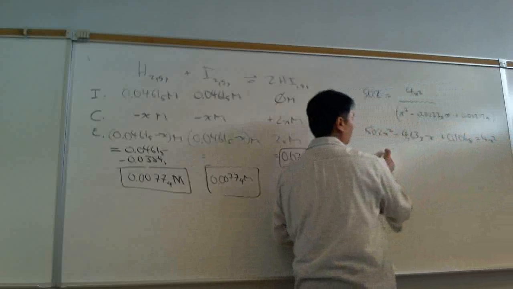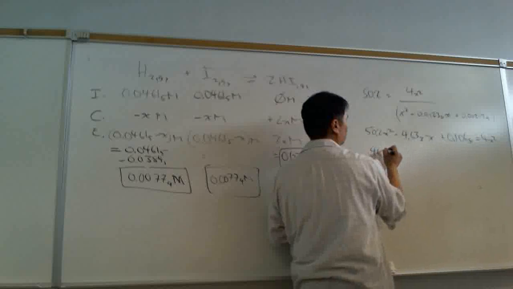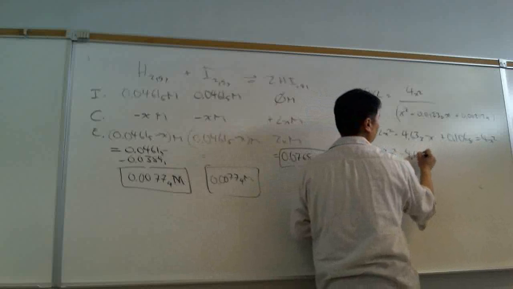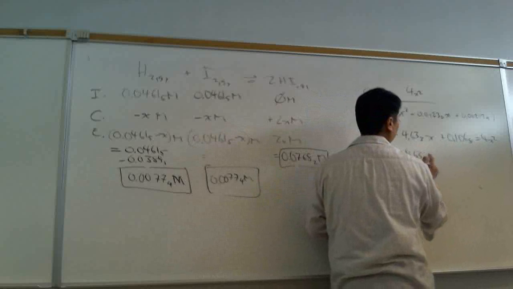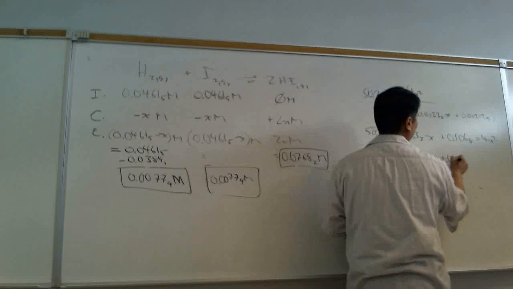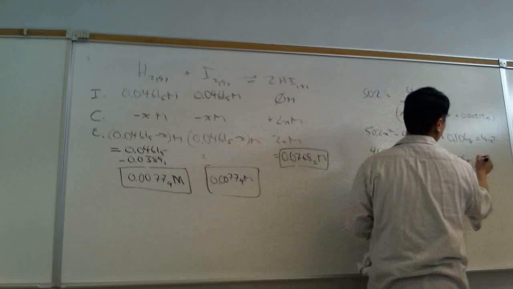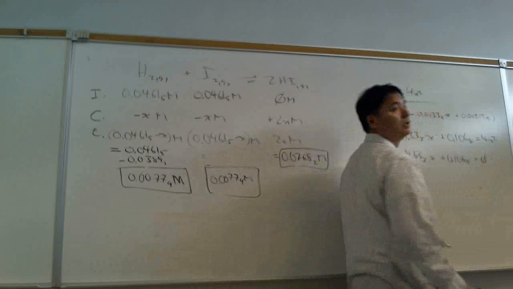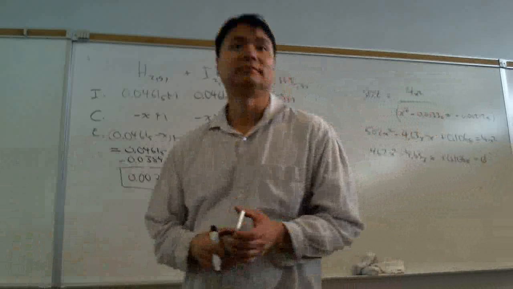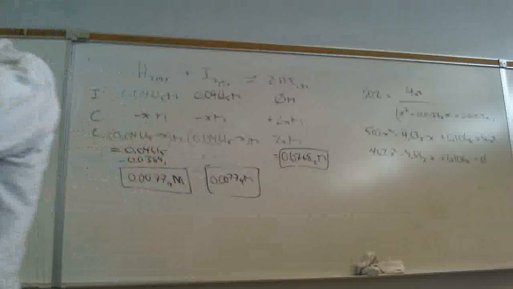Then subtract 4x squared from both sides, we get 46.2x squared minus 4.633x plus 0.1068 is equal to 0.